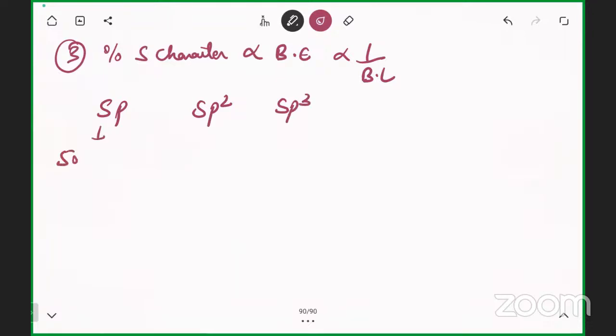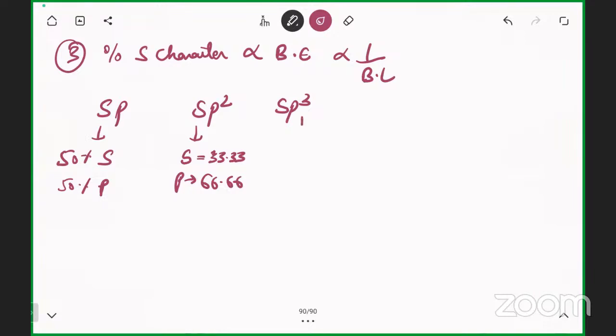In sp, there is 50% s character and 50% p character. In sp2, s character is 33.33 and p character is 66.66.